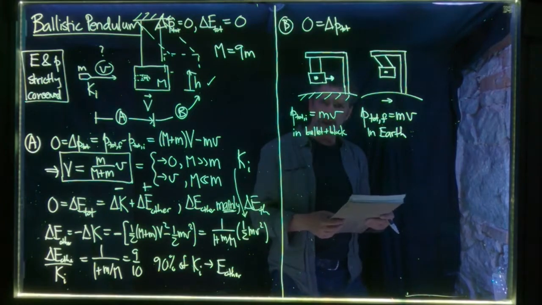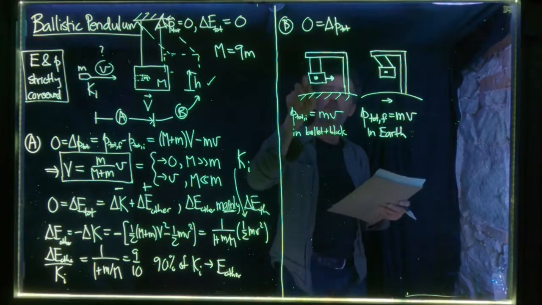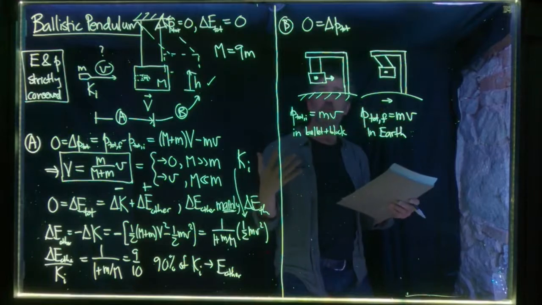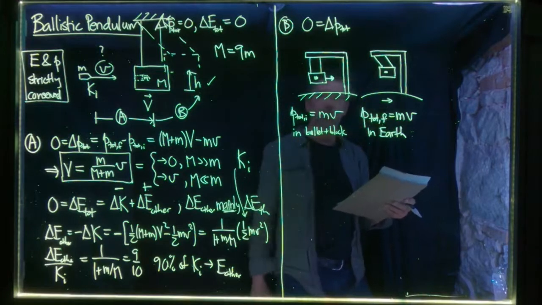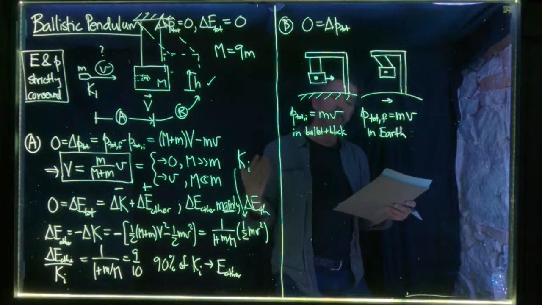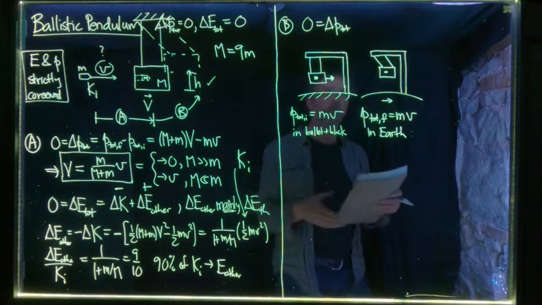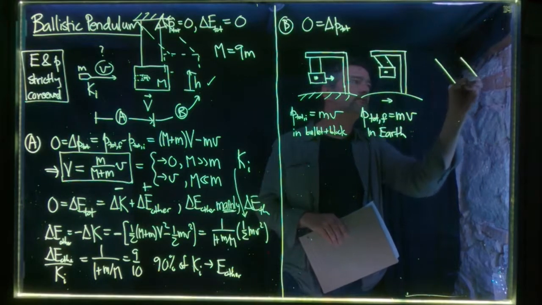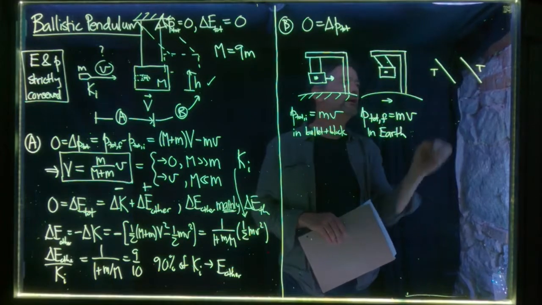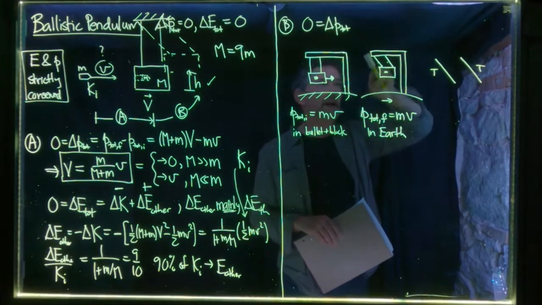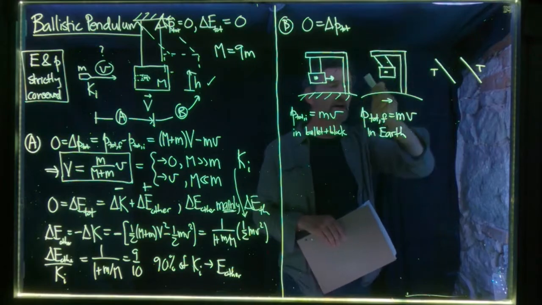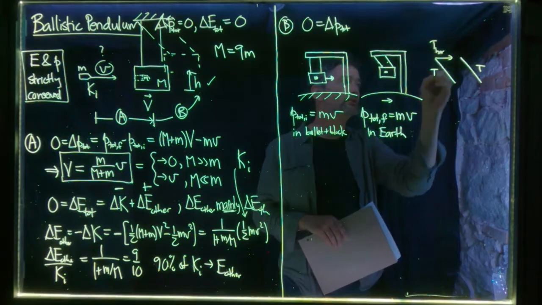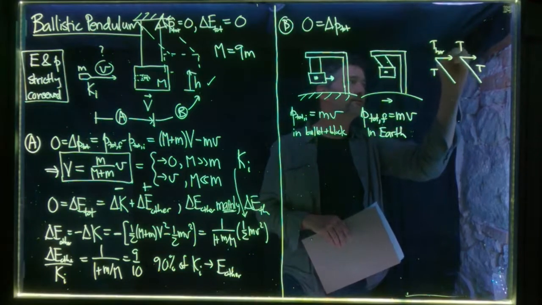Now you think, well, how? How did the momentum get from being stored in here to being stored in the Earth? Well, you know that there's been a momentum transfer from here to here. Okay, how? Well, momentum is transferred by a force acting over time. What force? Well, the strings. Okay, those strings are under some tension, and because they are at an angle like this, as it swings up, there's a component of the tension force in the horizontal direction from both of those strings.